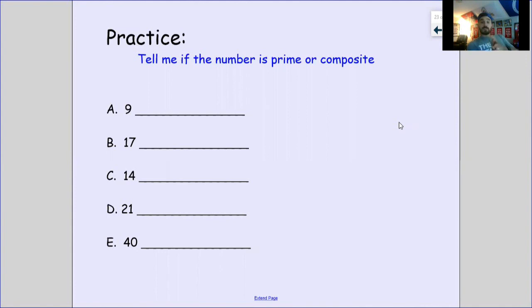What I'll tell you is, if you email me 1 through 5, and you don't have to tell me all the factors, all you have to do is tell me if the number is prime or composite. If you get them all correct, I will give you 10 tickets, because I'm going to make this worth 10 tickets in class.